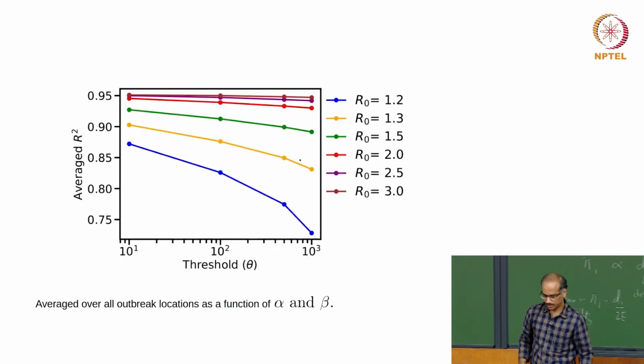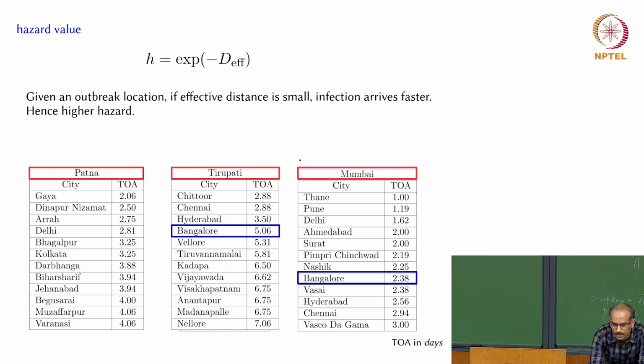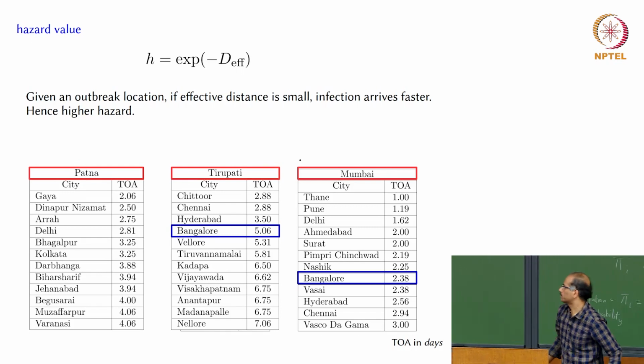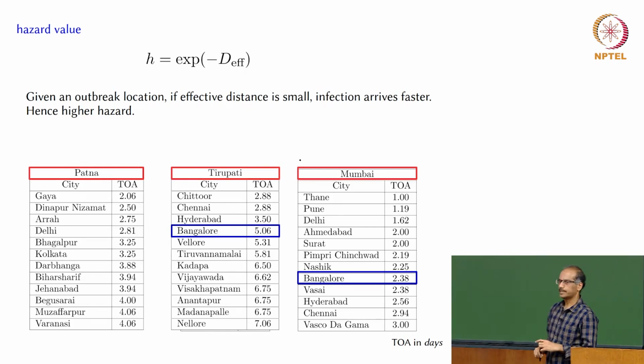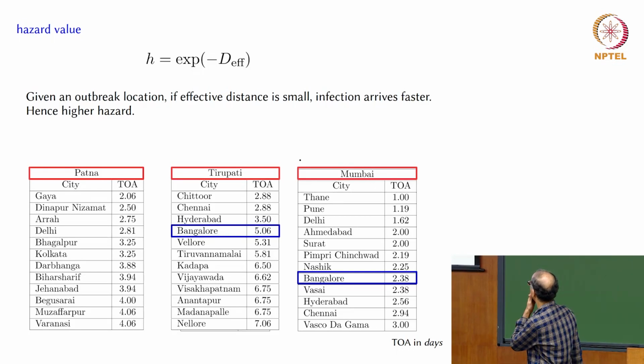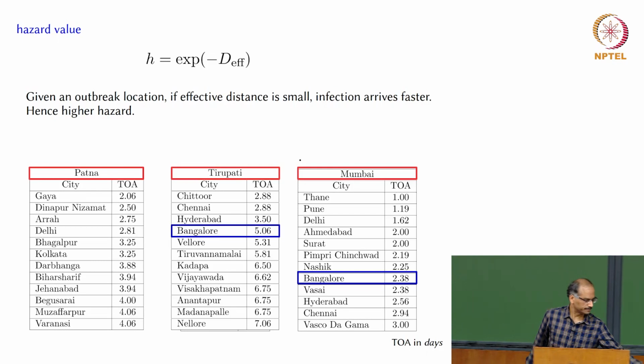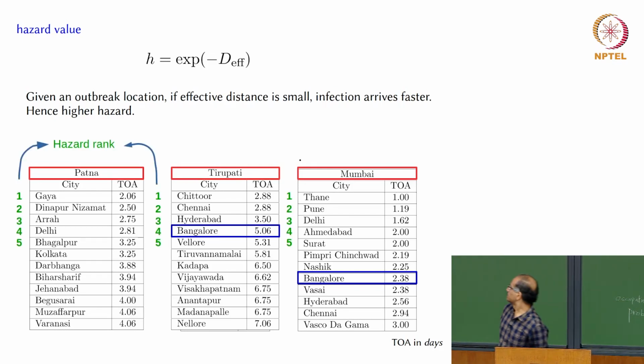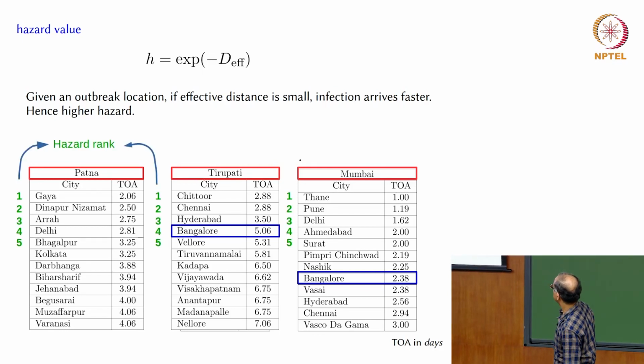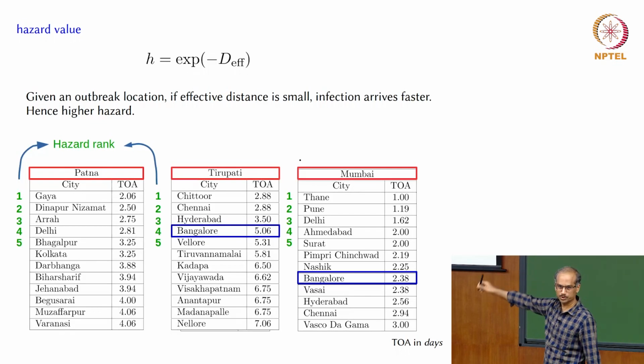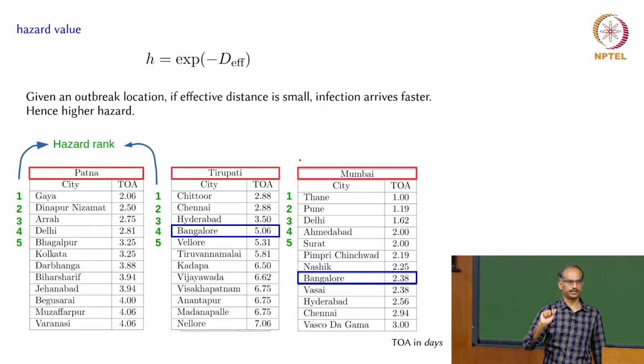The interesting thing is that once you have these times of arrival, you can rank them. That is what is done here. For example, the leftmost one says that Patna is the outbreak location.